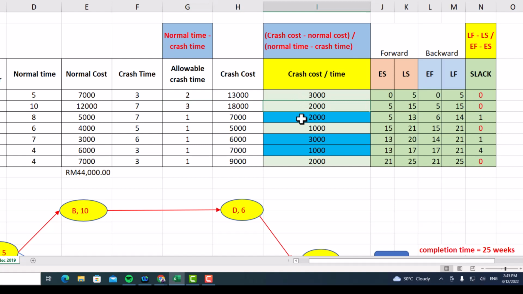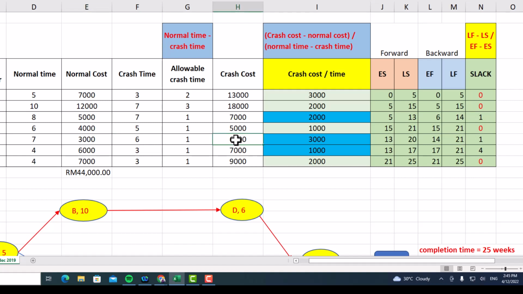For activity C, the crash cost is 7,000 minus 5,000, then you will get 2,000. So 2,000 divided by 1, you will get 2,000. For activity D, the crash cost is 5,000 minus 4,000, and then you will get 1,000 divided by 1 equals 1,000. Next, activity E, the crash cost 6,000 minus 3,000, you will get 3,000.